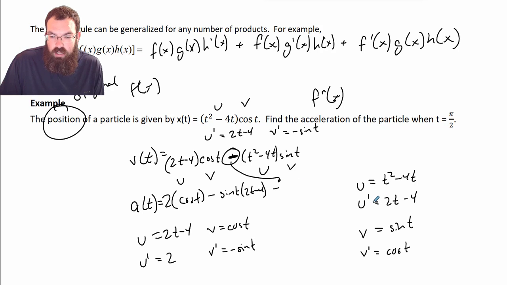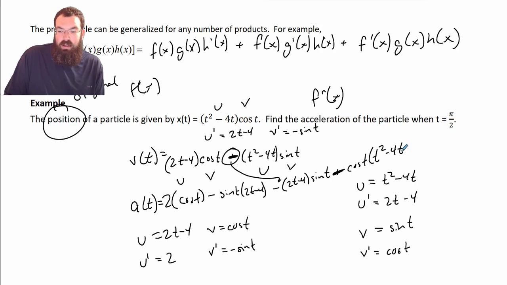And then u prime times v, so it's 2t minus 4 times sine of t plus, because we're back now. Well, actually it's a minus because we got to distribute that through, right? So it's really another minus. And then now v prime u, so cosine of t times t squared minus 4t. And that stinks. That's a lot of work.